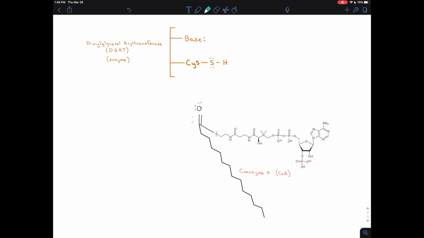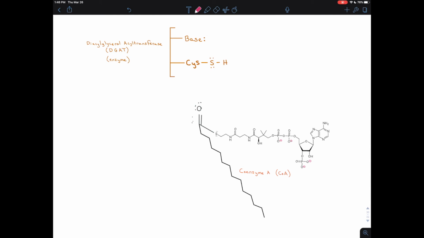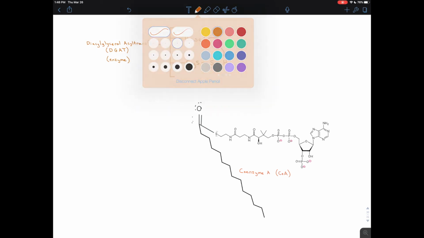But to make it more efficient, we are going to turn this sulfur, which is a good nucleophile already, into an awesome nucleophile by giving it a full negative charge. And we do that with a proton transfer. So a base nearby in the active site rips that hydrogen off, and the electrons snap back onto the sulfur, giving it that full negative charge.